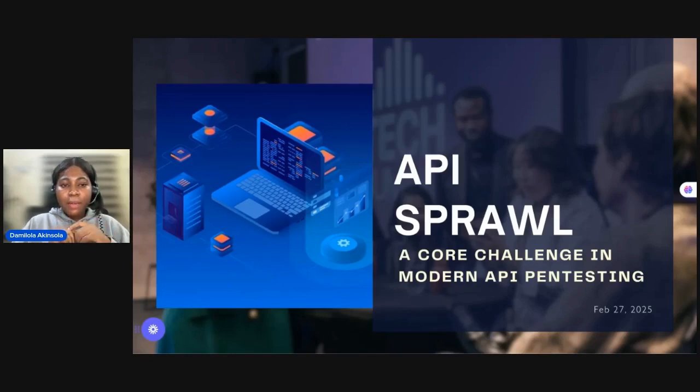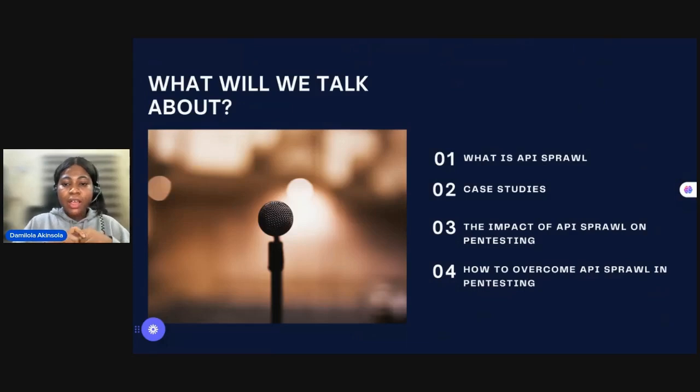When you talk about API sprawl, you're going to look at how it has affected organizations, the negative consequences of API sprawl, and we're going to consider some case studies on how major organizations, now I'm not talking about small organizations, I'm talking about Fortune 500 companies, how they've been affected by API sprawl.